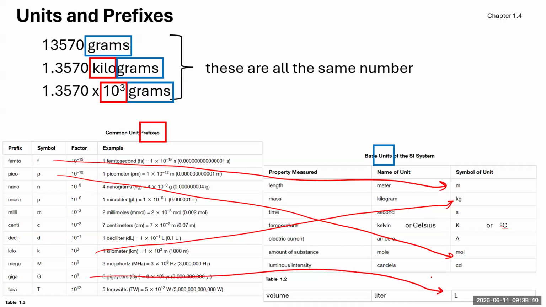It doesn't matter as long as you have a prefix and a unit, it's all good. Just remember the prefixes are just names or words that mean numbers, just like a dozen means 12, or a mole means 6.022 times 10 to the 23rd, right? But again, units and prefixes can all be used with each other.